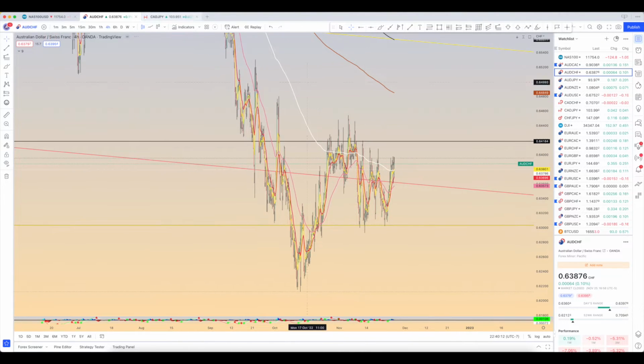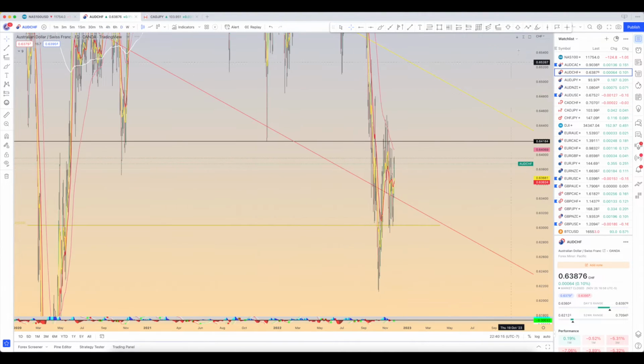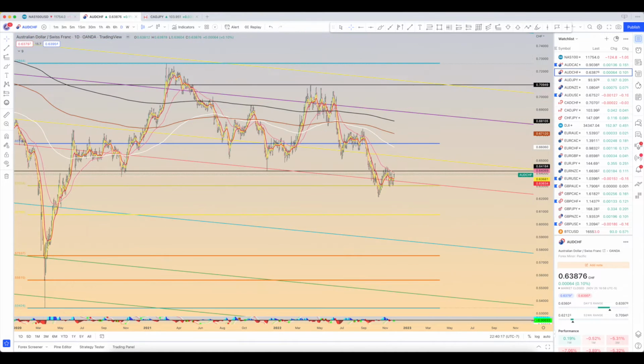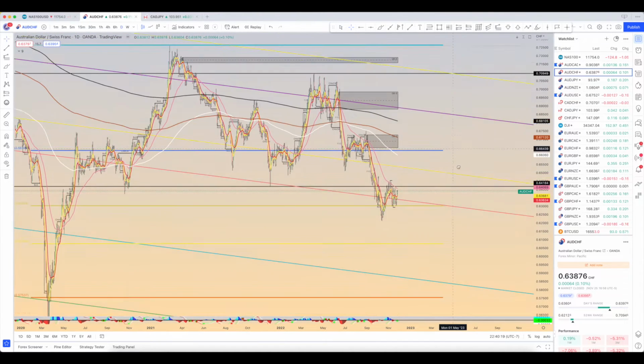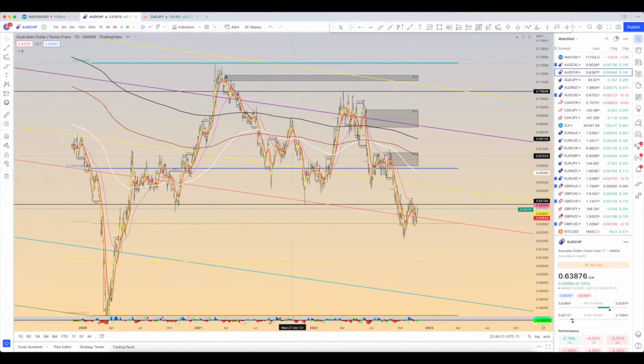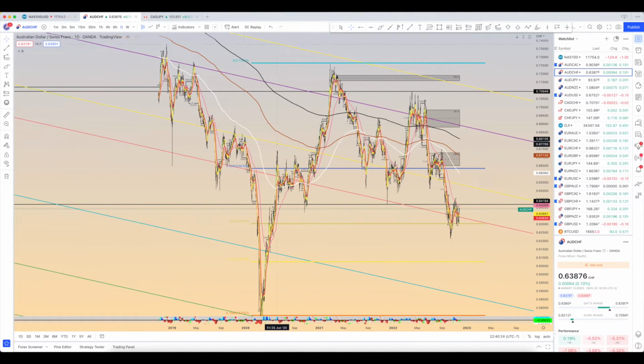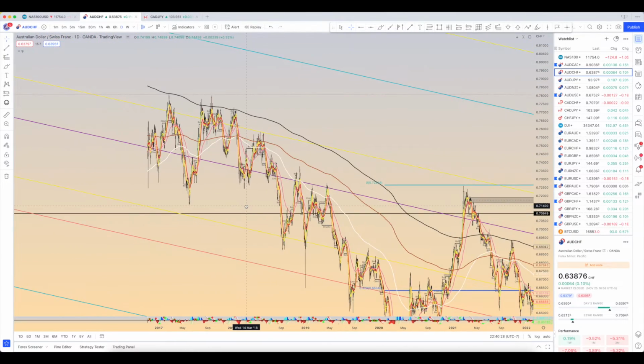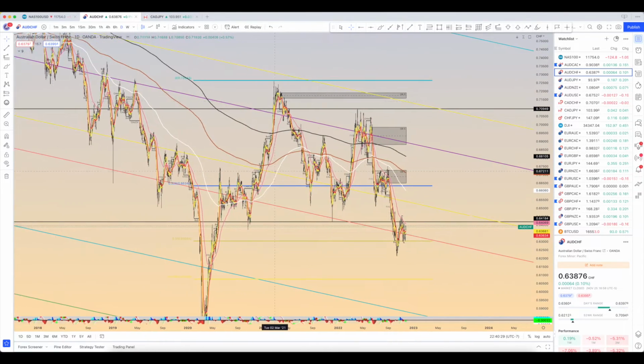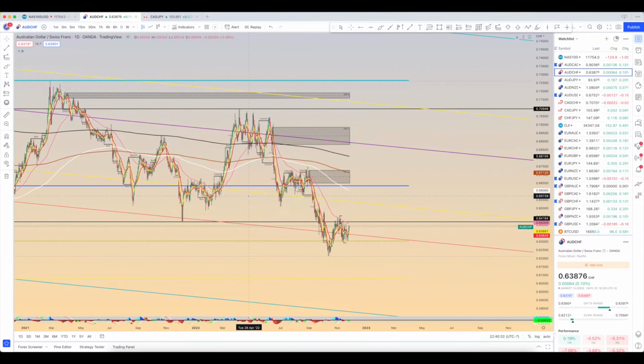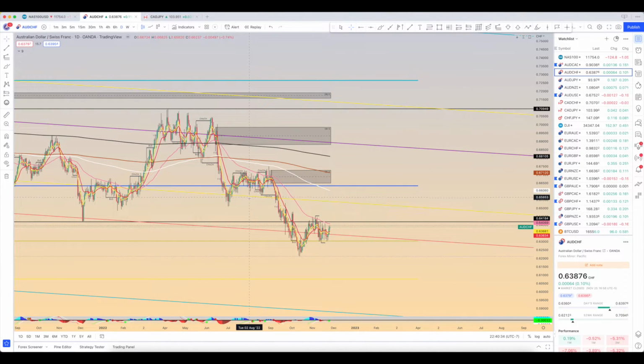Moving down, AUD CHF. I don't really see anything that exciting here. I'm not a big fan of CHF pairs that much either. You can see it's pretty choppy overall. I do have a feeling it's going to be going down, but, yeah, long term it is going to be going down. It's just that CHF takes a long time to actually move.